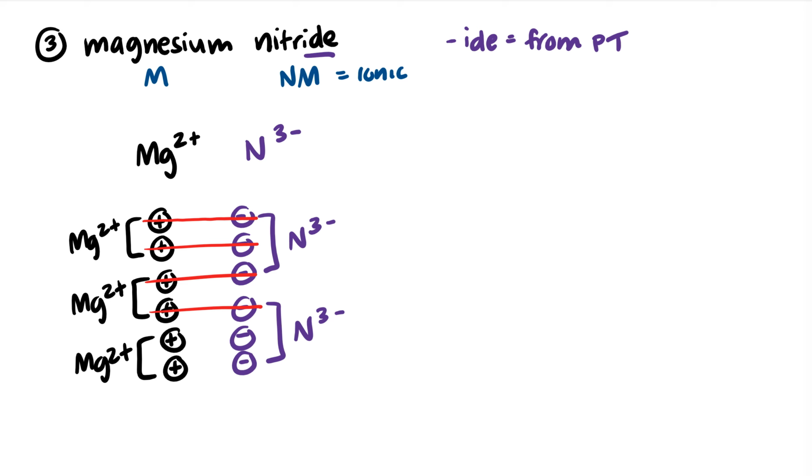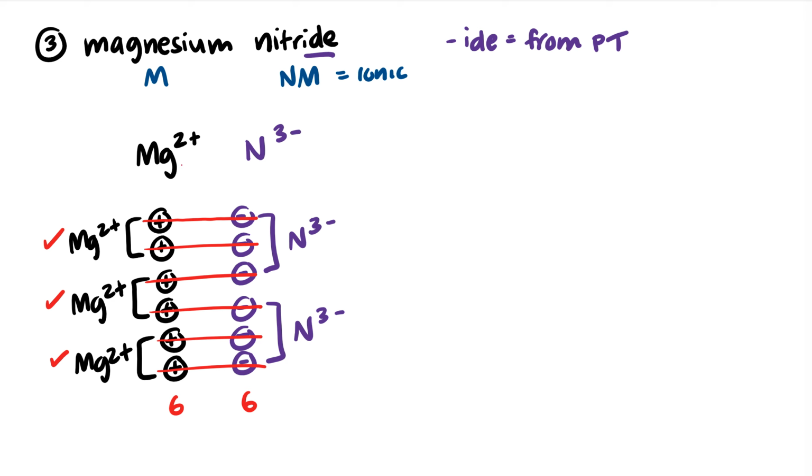Now I can see here, everything cancels out. I have a total of 6 plus signs and 6 negative signs. So that's what we mean by equal but opposite. You're going to end up with no charge, a neutral compound. And so let's count them up. How many sets of magnesium 2 plus ions did we use? 1, 2, 3.